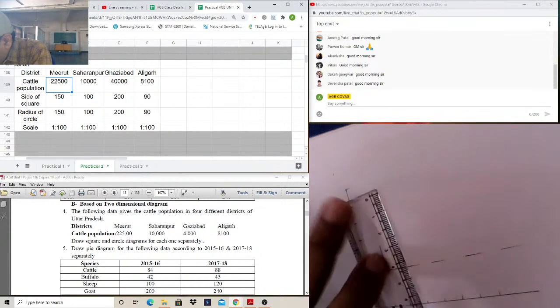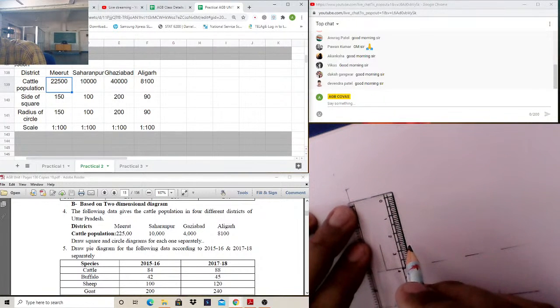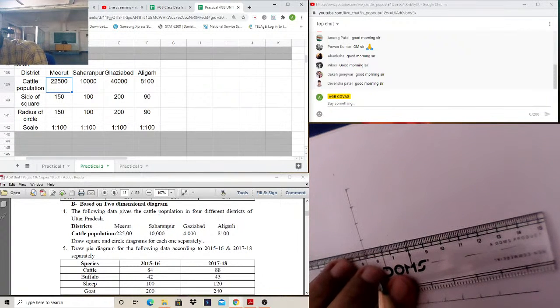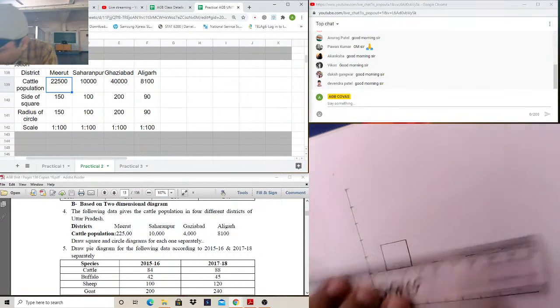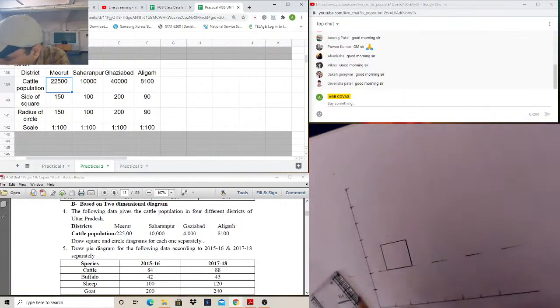So this will be my first square, and this will be the cattle population in the district.